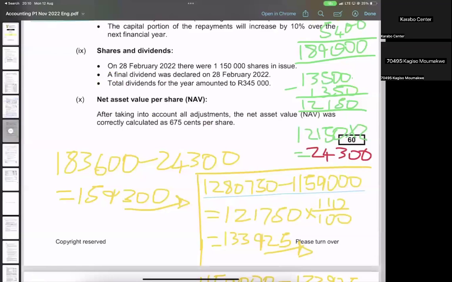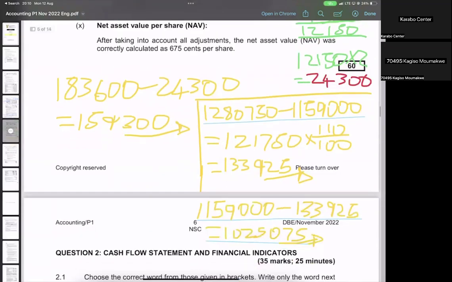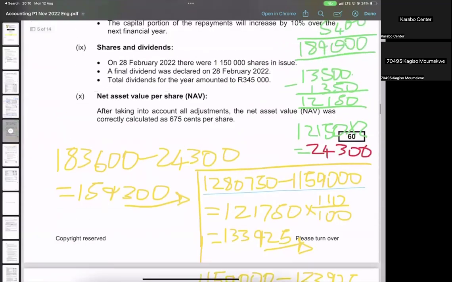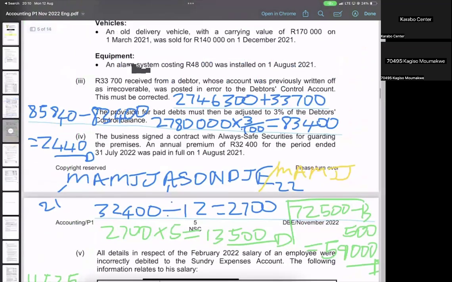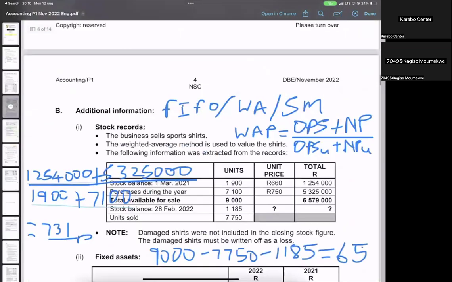So in this transaction, for us to find our retained income, we need to use the net asset value and the shareholders' capital.